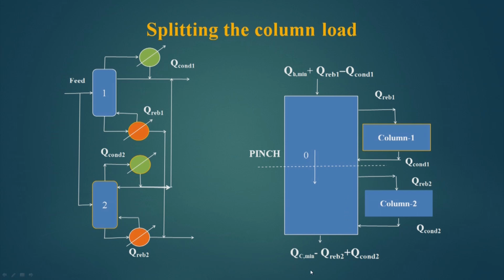Similarly, if I see the cold utility, it comes out to be QC minimum minus Q reboiler 2 plus Q condenser 2. So, if Q reboiler 2 is equal to Q condenser 2, they cancel out and my QC minimum remains, which is the cold utility of the process.